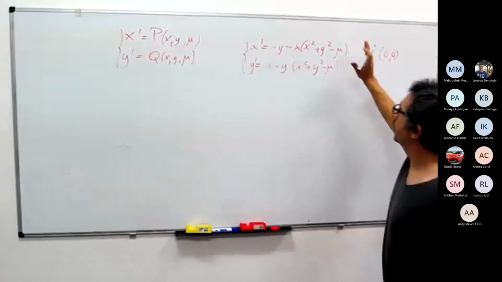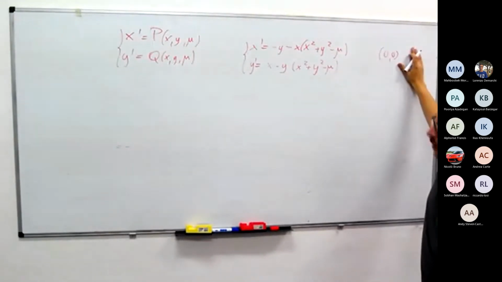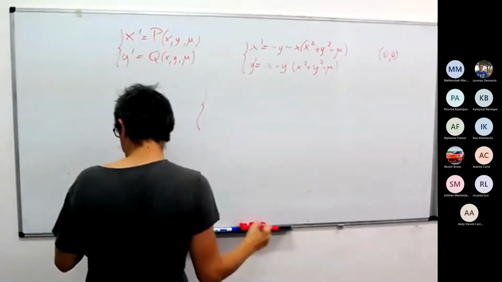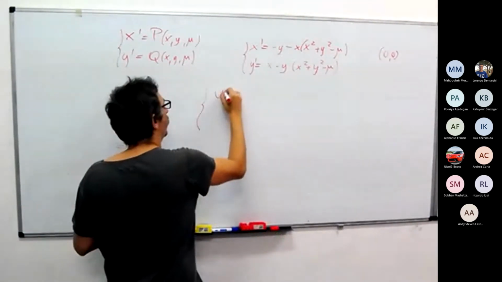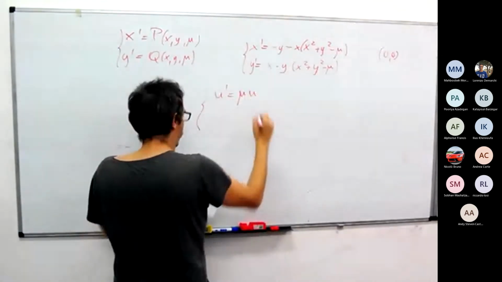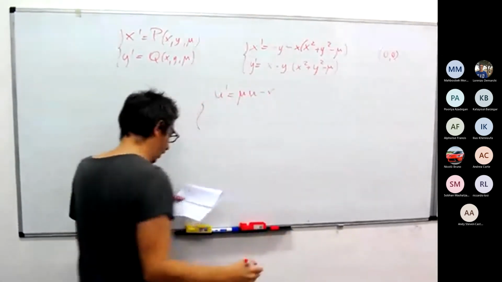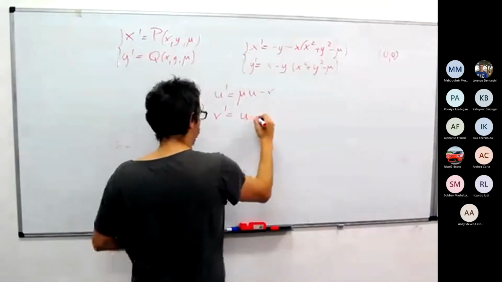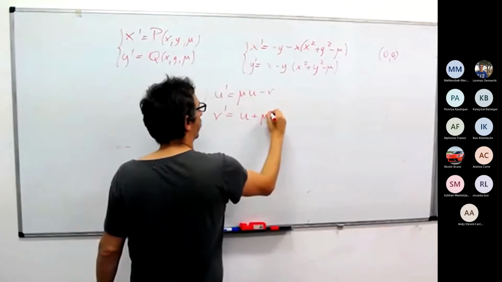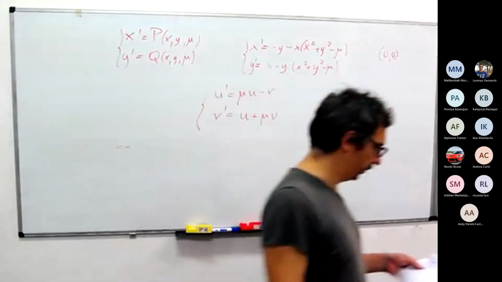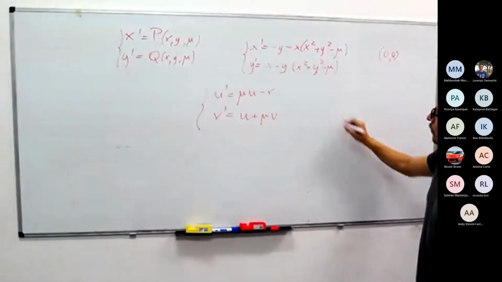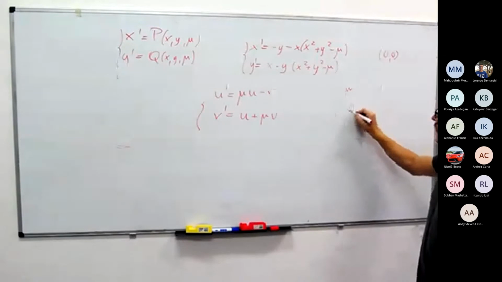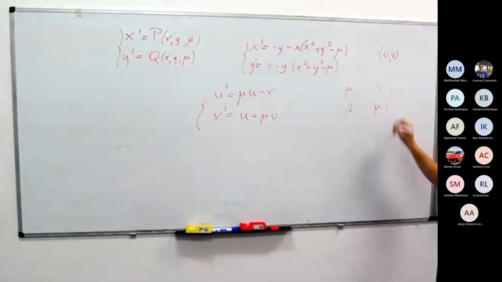If you linearize this nonlinear system around the critical point 0, 0, the linear version of the system that you find is something like that: u prime equal to mu u minus v, and v prime equal to u plus mu times v. What's the matrix? Mu, minus 1, 1, mu.